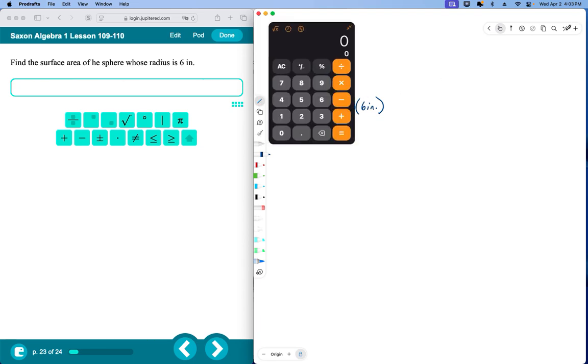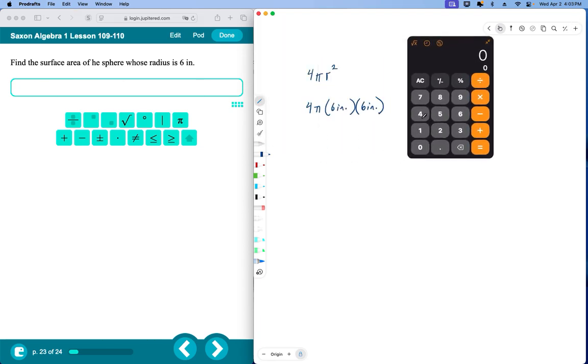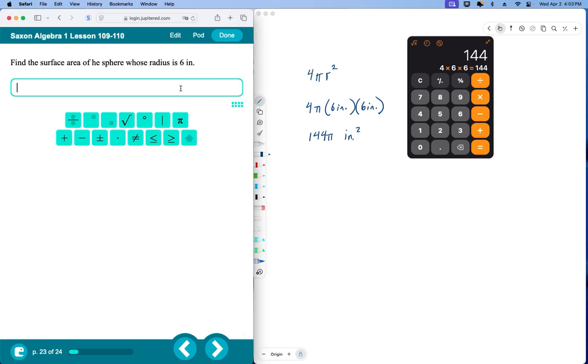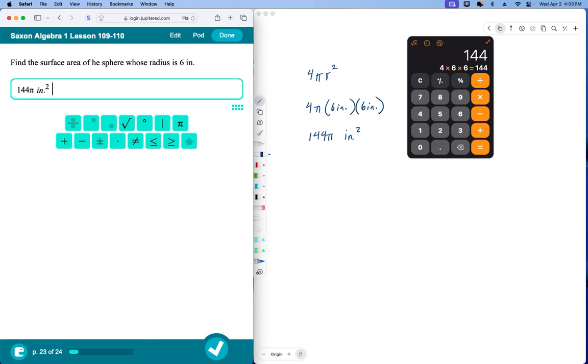Well, I'll just do it on the calculator. That'll be easier. 4 times 6 times 6. Just doing the whole numbers. So 144, don't forget pi, inches squared. So 144 pi space in period exponent of 2. And that's correct.